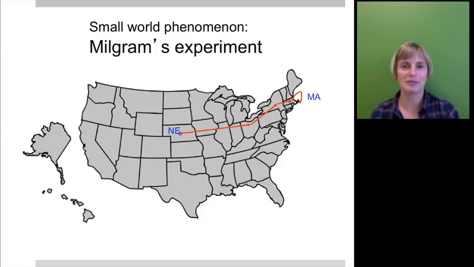Okay, on to Milgram. Stanley Milgram was a Harvard sociologist who wanted to know how many hops it is between any two individuals in the United States. So he recruited, I think he put an ad in the newspaper, individuals in Nebraska and actually in Massachusetts as well, but the Nebraskans are the more interesting set. And he gave them a task. He said, here's this stockbroker in Massachusetts.